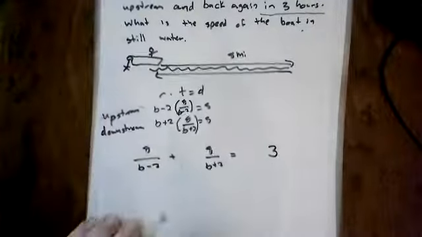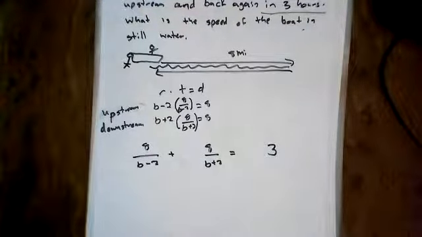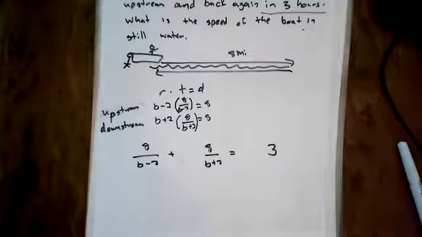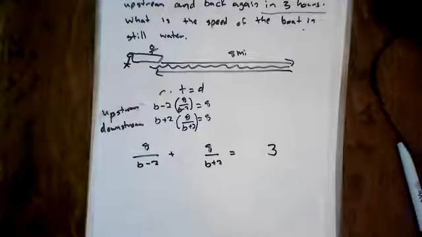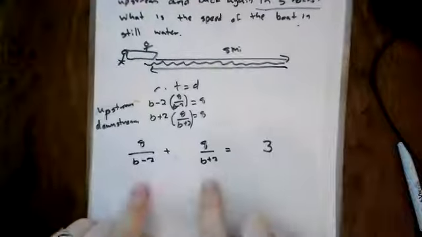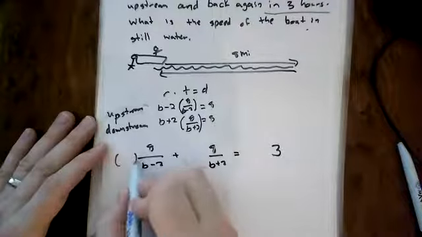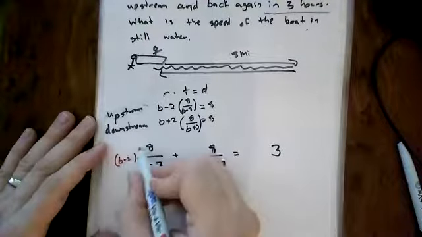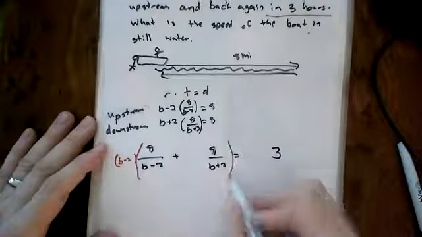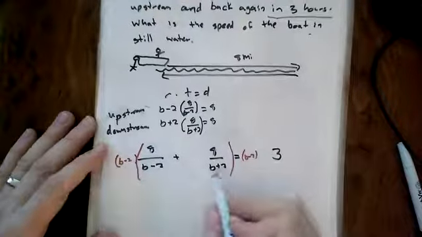And whenever we're solving something like this, I wonder if people ever get tired of me saying, you're going to multiply by your common denominator. So our common denominator has to have all the factors of my denominator, so it's got to have a factor of b minus 2, and a factor of b plus 2.